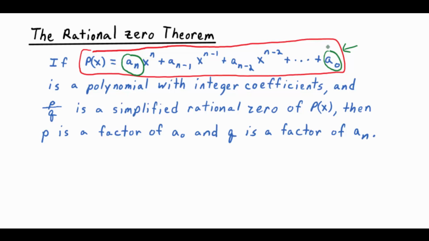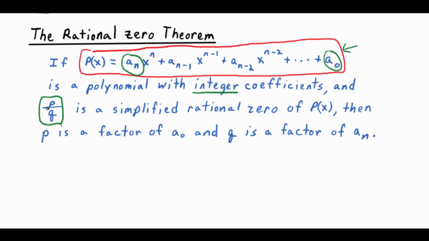Okay, so suppose p of x is a polynomial function with integer coefficients. So integers are numbers like 1, 2, 3, 4, blah, blah, blah, goes on forever. Also 0, negative 1, negative 2, negative 3, negative 4, blah, blah, blah, goes on forever. So p of x is a polynomial with integer coefficients, and this is lowercase p divided by q. So this p here is not the same. This is uppercase P, not the same thing.